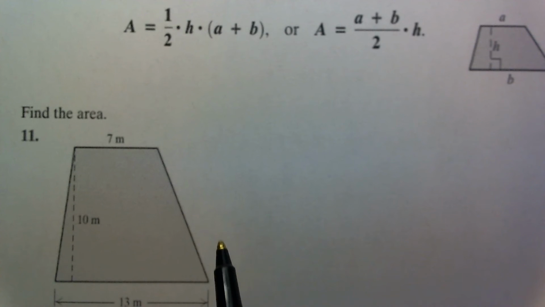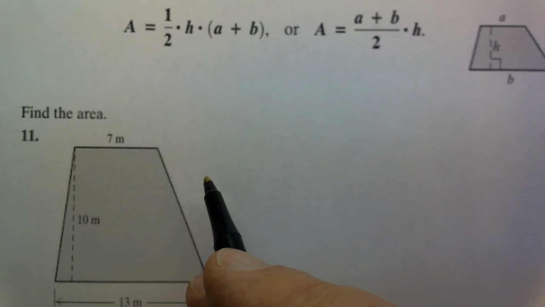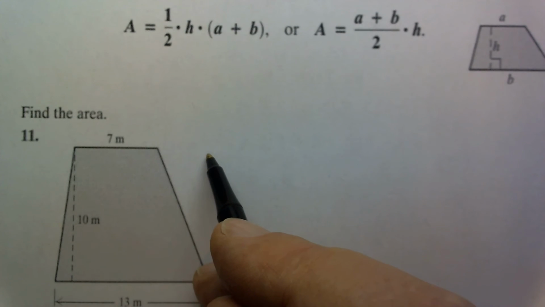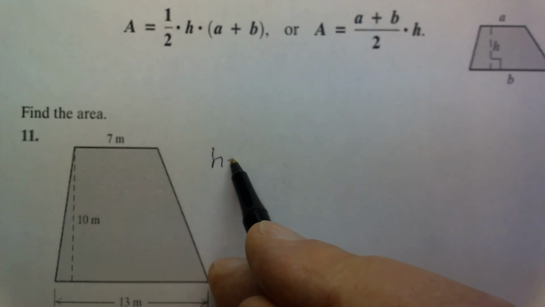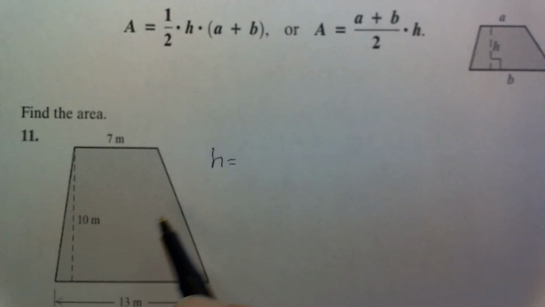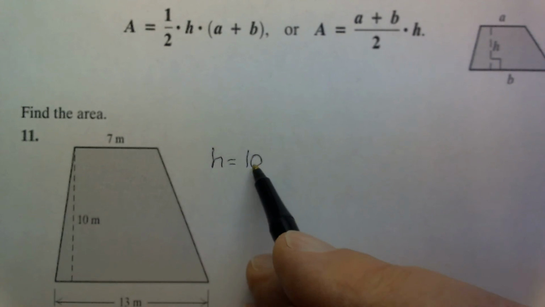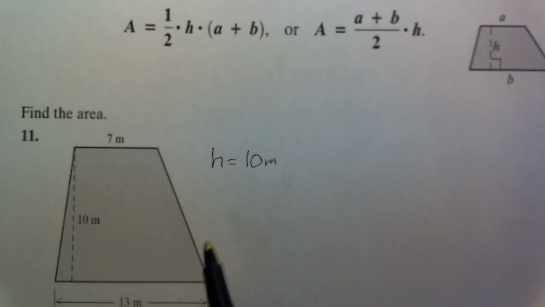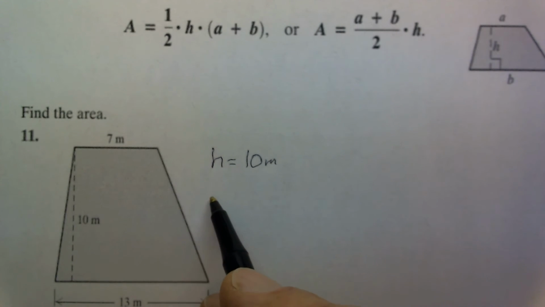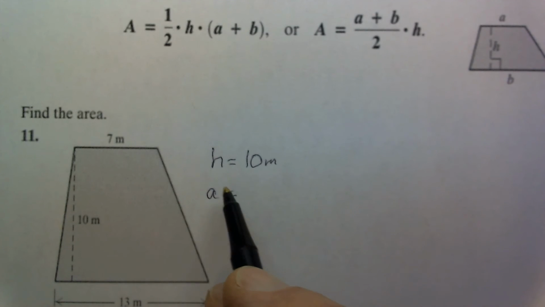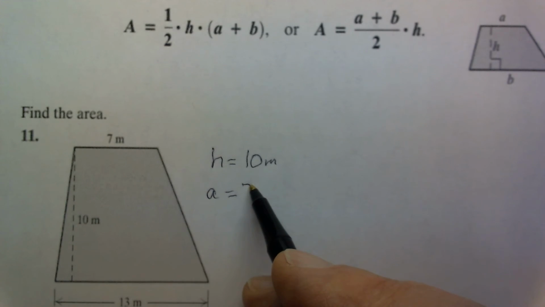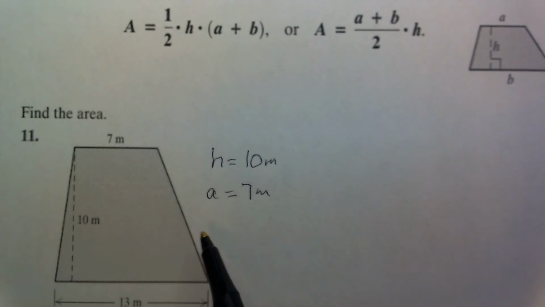So for number 11, let's be a little bit more explicit. Here the height is equal to 10 meters. And a is equal to 7 meters. And b is equal to 13 meters.